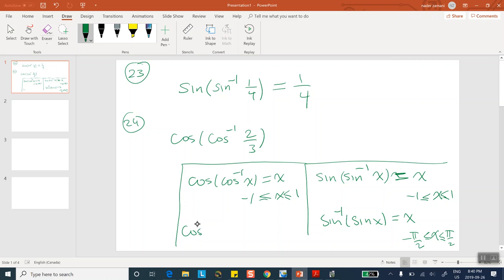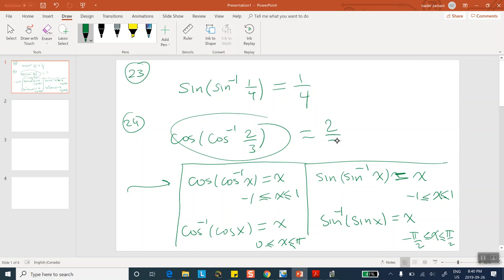And cos inverse of cos of x was equal to x as long as x was between 0 and pi. So this one, the one that we're asked to do, fits in that description. So that is 2/3.